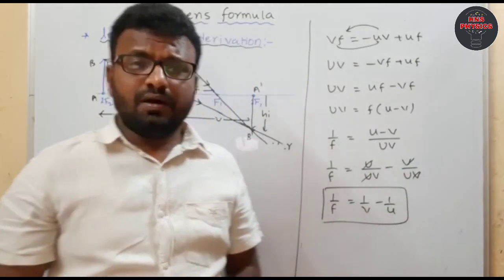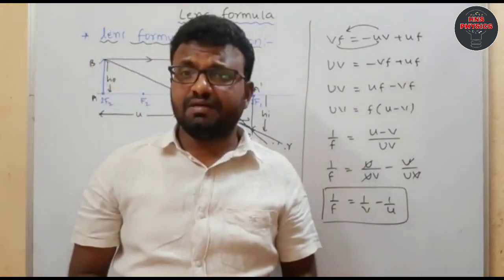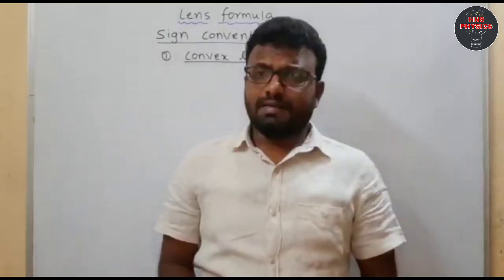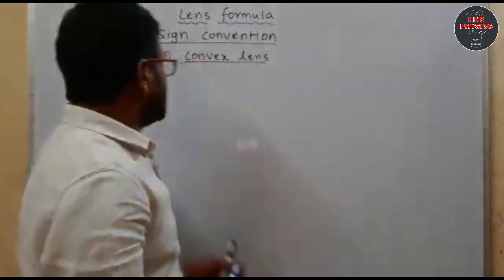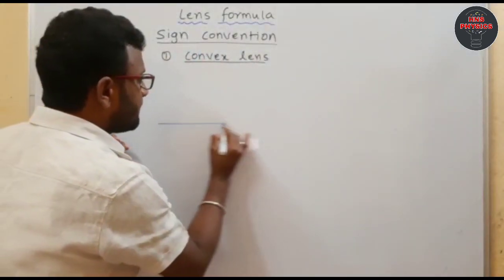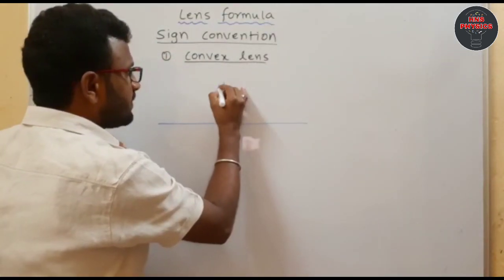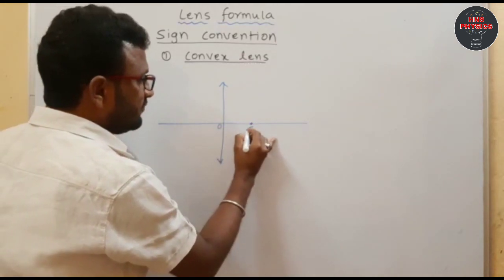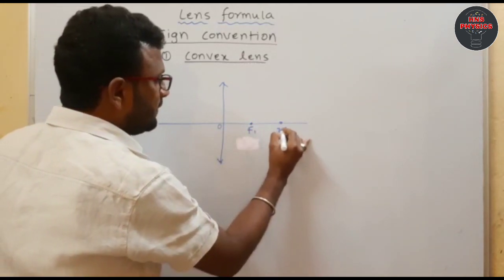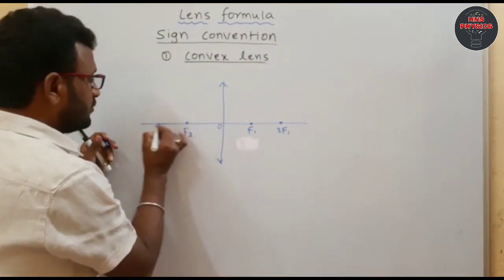Right, now we have to see the sign convention of convex lens and concave lens. Sign convention of convex lens is very important. So I am taking a convex lens. This is the convex lens, this is the principal axis, optic center, F1 and 2F1, F2 and 2F2.